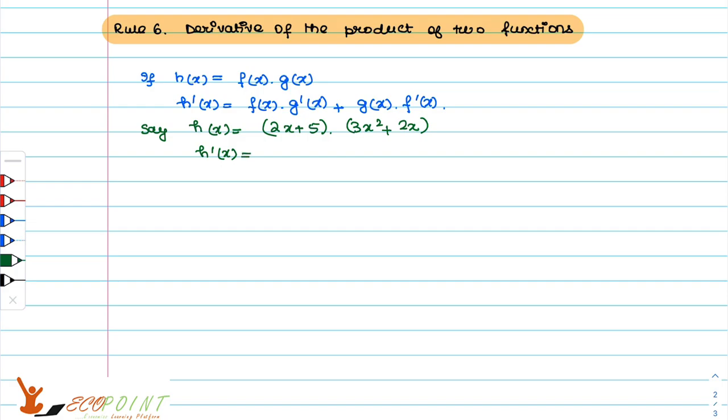So h dash x is first function as it is into the derivative of the second function, which in this case is going to be 6x plus 2, plus second function as it is into the derivative of the first function, which in this case is coming out to be 2. So I'm not solving it further. You guys can do that yourself.